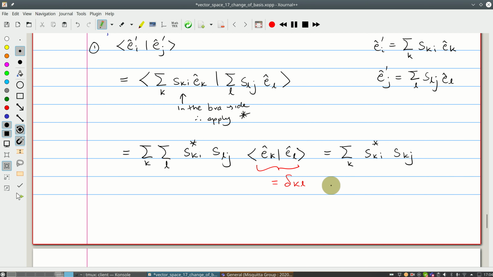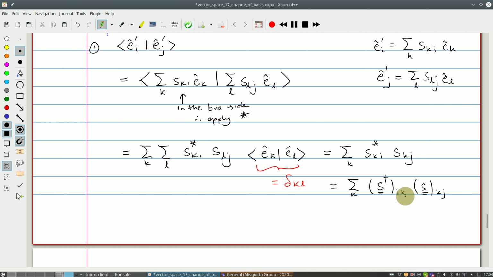And now we write this as the sum over k. I can write this first term as S dagger, and I need to now swap these indices because the dagger includes the transpose. So it will be ik. And the second term, I'll just keep as the S matrix, kj.